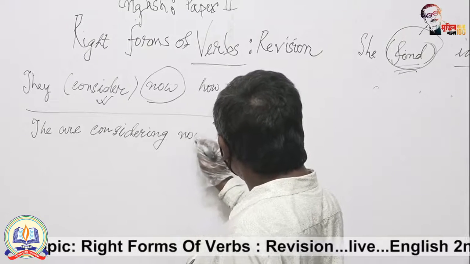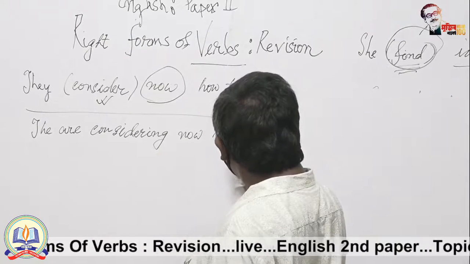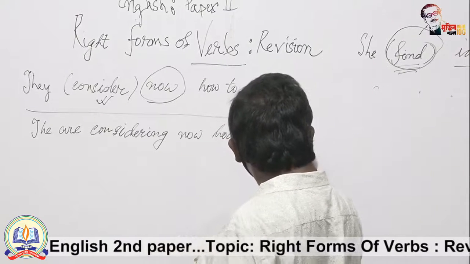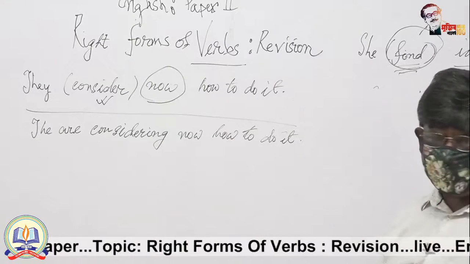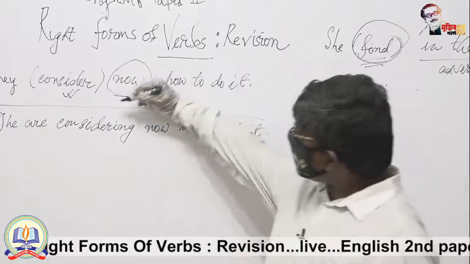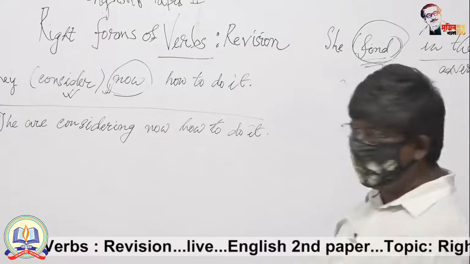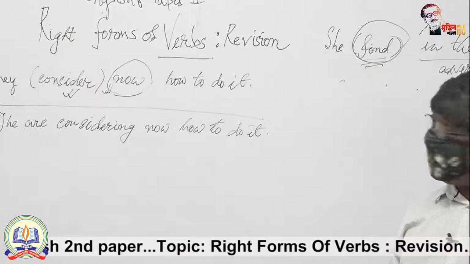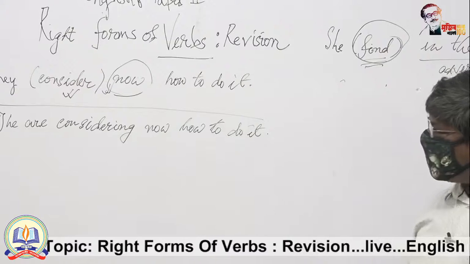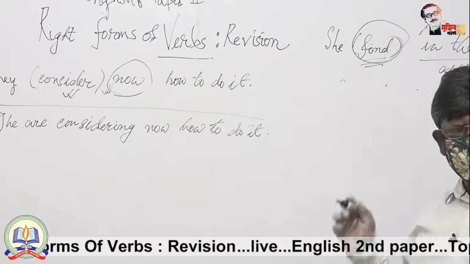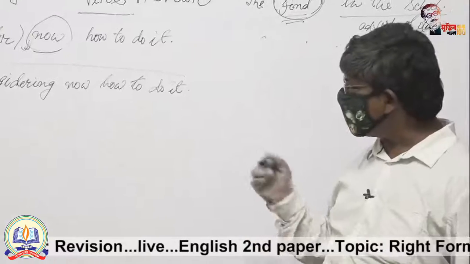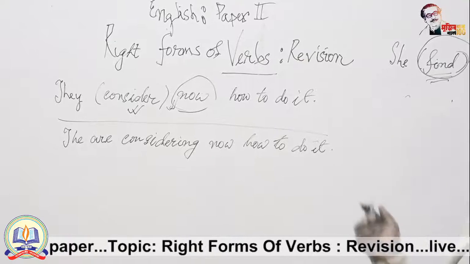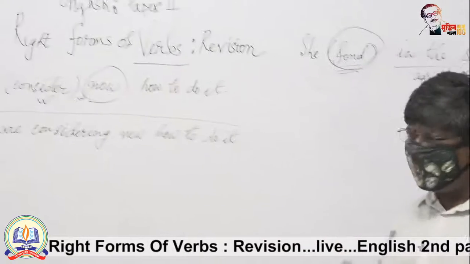Now, how to do it? One interesting thing to be noted here is that consider is also a natural finite verb like make, build, write, read, eat, drink, etc. That is, what the verb does should be there in the sentence or clause, but we do not have any noun or noun phrase following the verb consider.